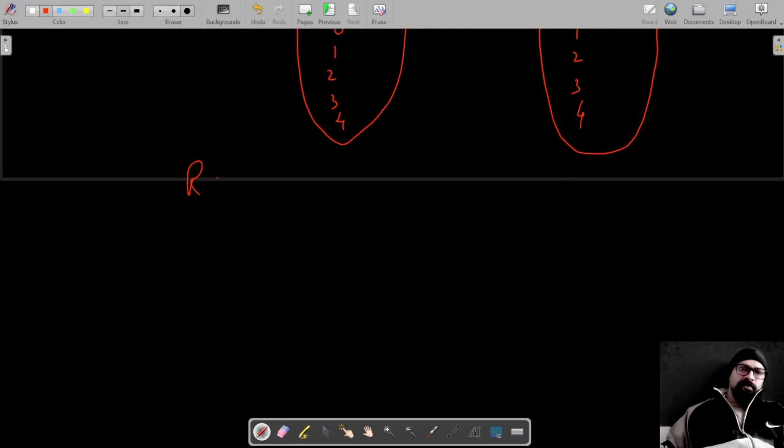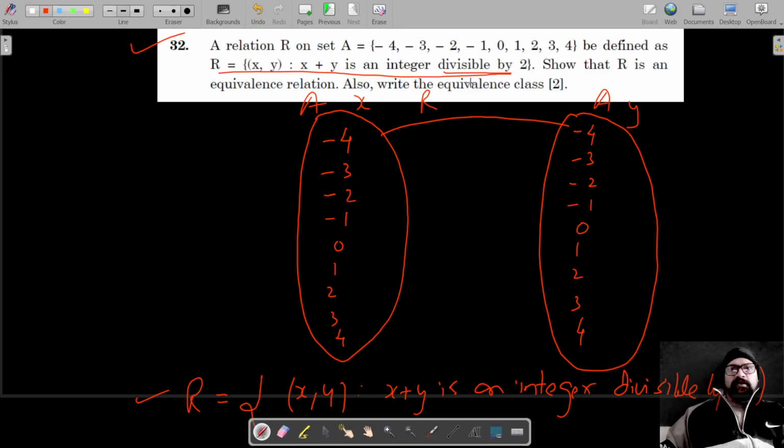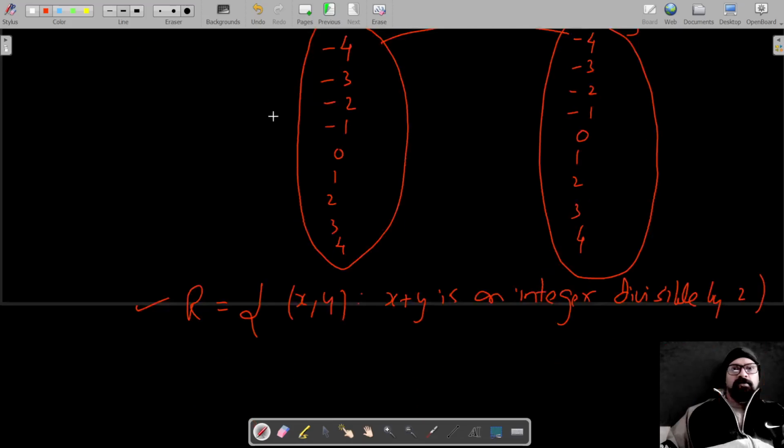So our relation is an ordered pair (x, y), where x belongs to A and y belongs to A such that x plus y is an integer divisible by 2. Now we have to check whether it's an equivalence relation or not.